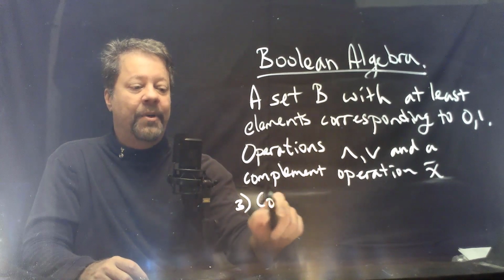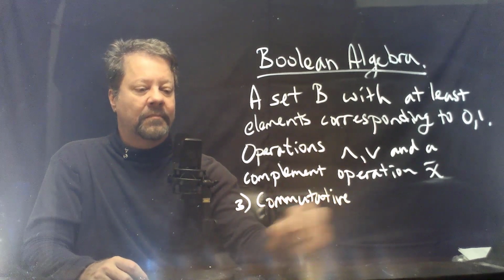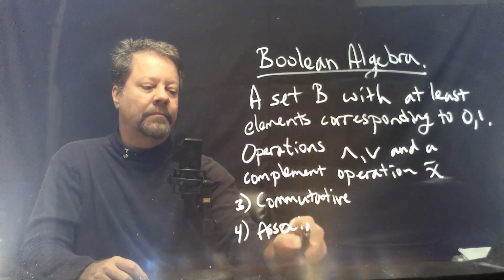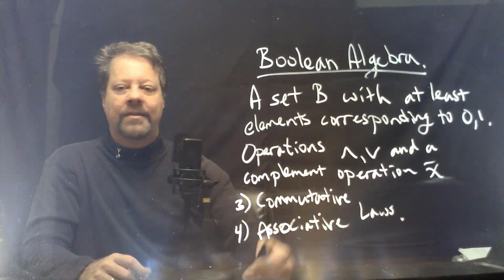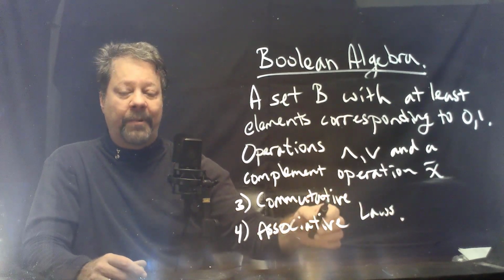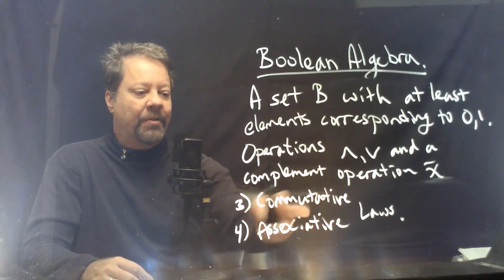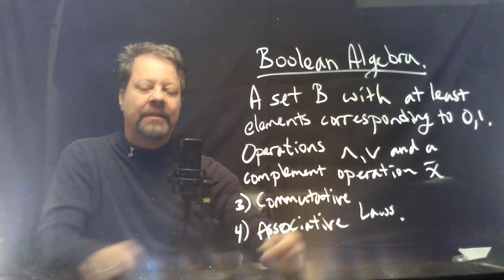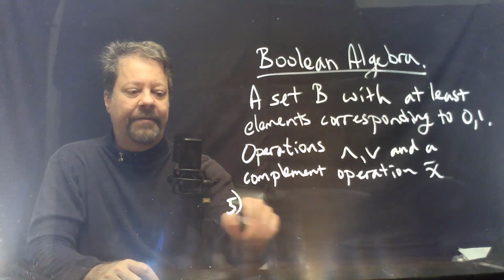We must have commutative and associative laws. So for both of the operations, and or, plus and times, both must be commutative so you can commute the terms around, and associative so you can regroup and get the same thing. And finally, you must have distributive laws.